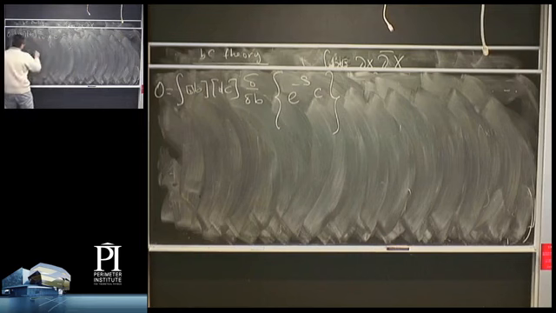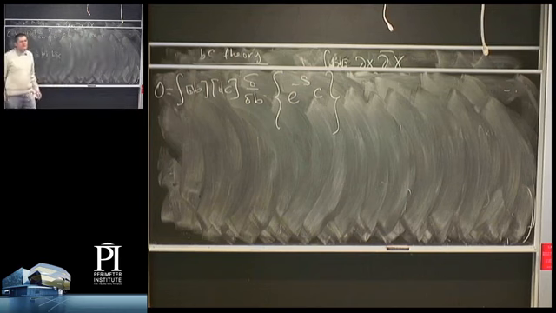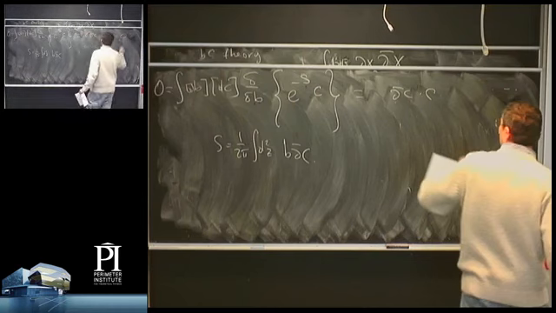So remember that our action is 1 over 2 pi integral d2z, and then I have B del bar C. So when I vary this guy, the only contribution will come from variation of the action, right? There will be no delta function here because B and C are just different fields. And so when I vary the action, what I will find is del bar C times C. Okay? And so you can see the fact that the path integral must vanish implies that this is 0, which implies that del bar C C must vanish.